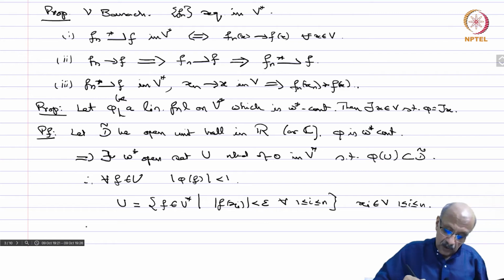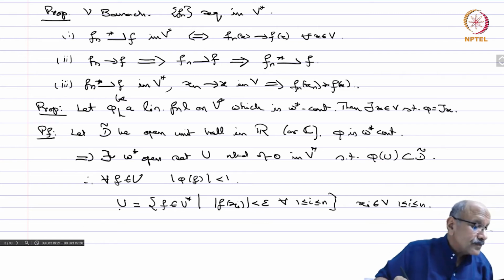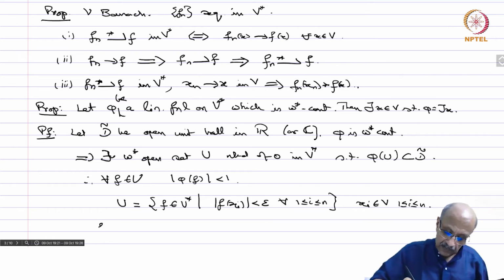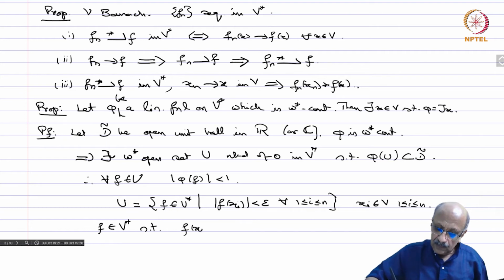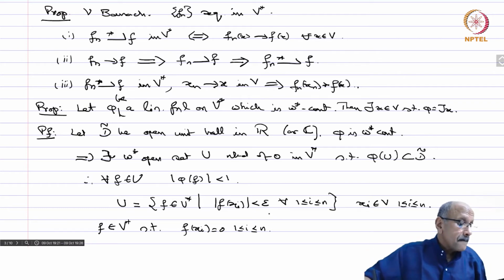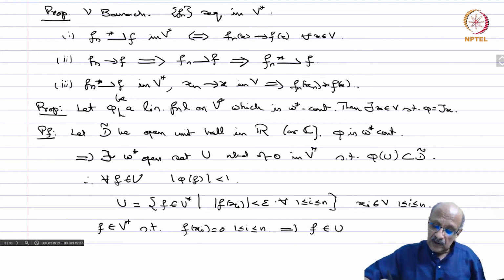Okay, so assume f belongs to V star such that f of xi is 0. Then this implies that f belongs to U, because f of xi is 0, strictly less than epsilon.